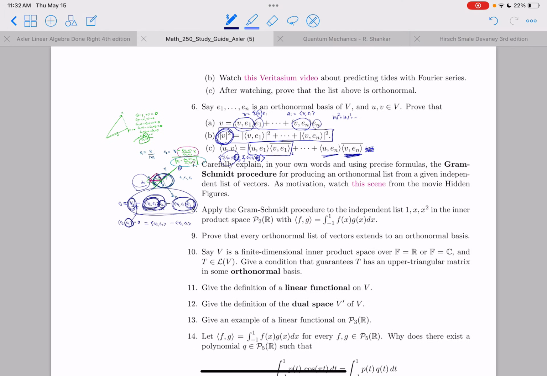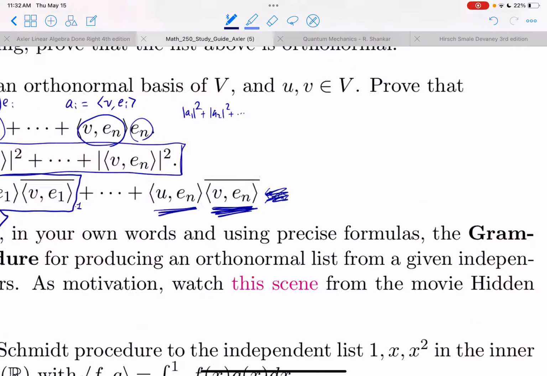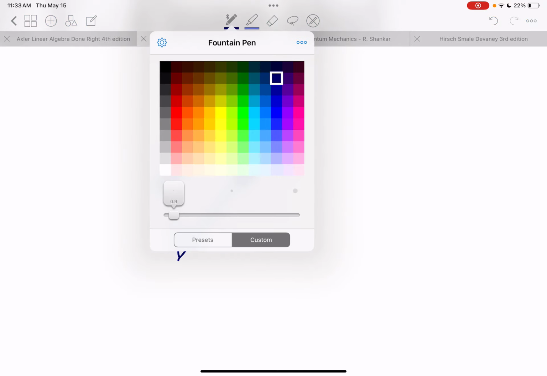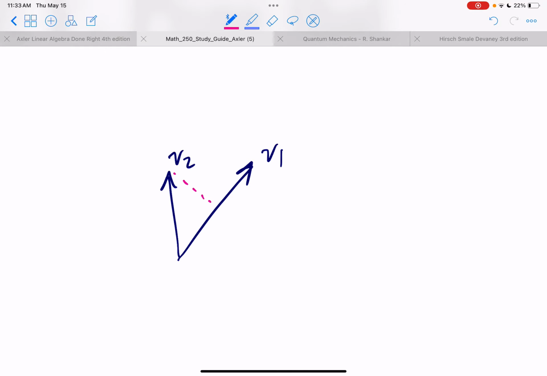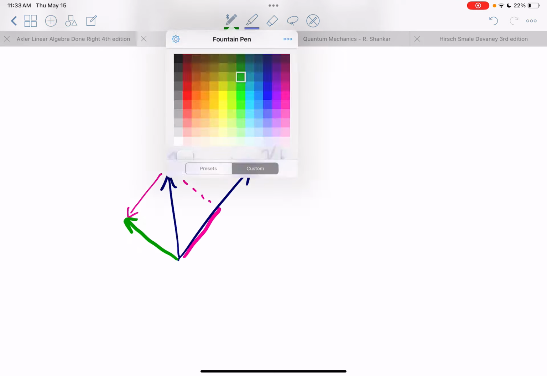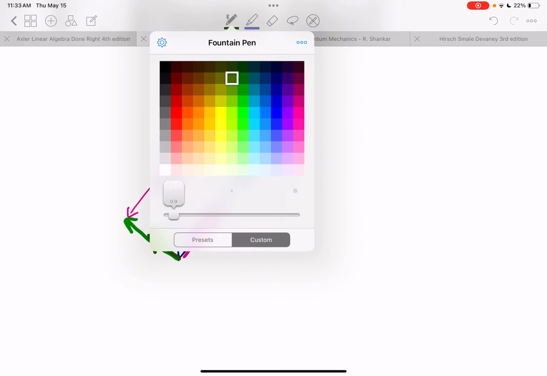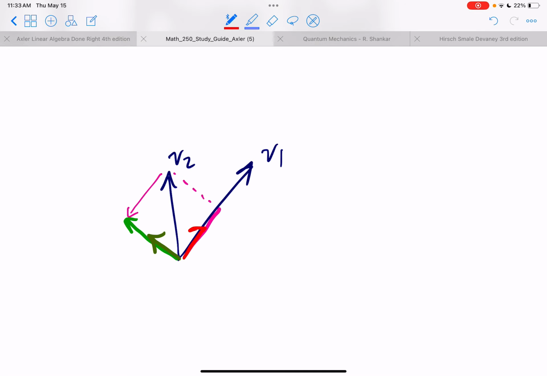So you can check, that's the Gram-Schmidt procedure. Let me just do it one more time. So you have some V1 and you have some V2, and those don't look very good. So what you do is you project V2 onto V1 and you subtract that piece off, so that gives you a new vector, and then you normalize that vector so that it has length 1, and you should also normalize your original vector so it has length 1.